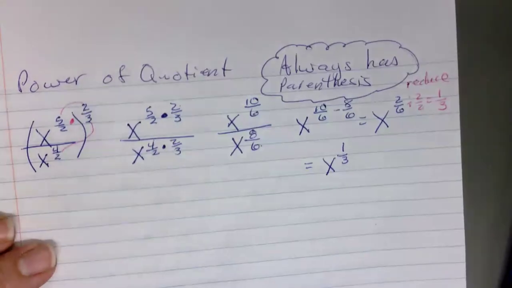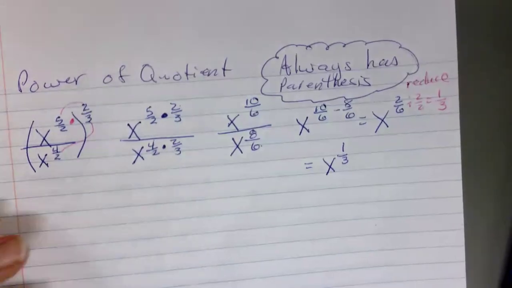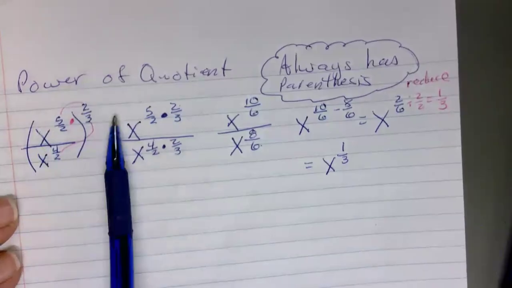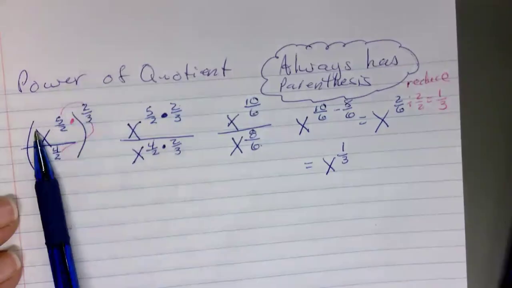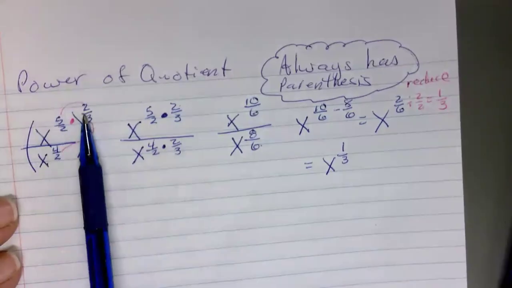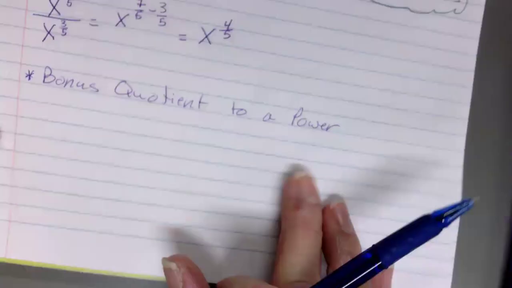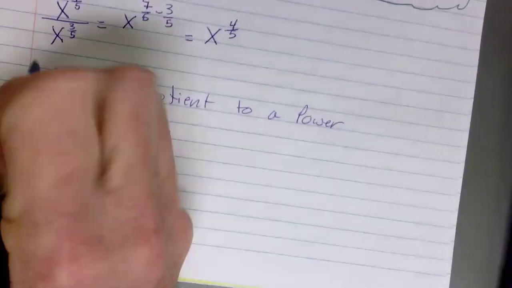So now I'm going to go back and do that bonus quotient to a power where I put more things inside the parentheses so that you get practice of really distributing out that exponent on the outside to everything inside. All right, so the bonus one, it's going to be a lot.